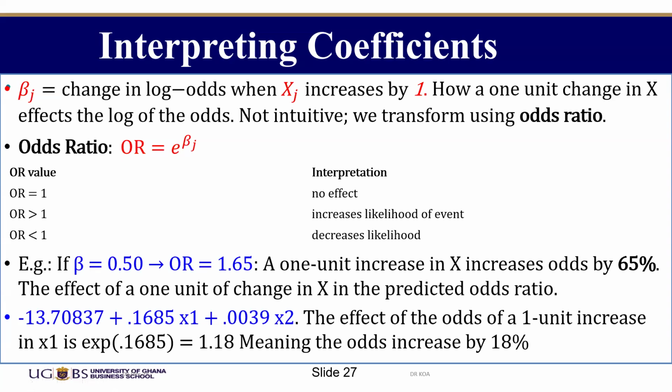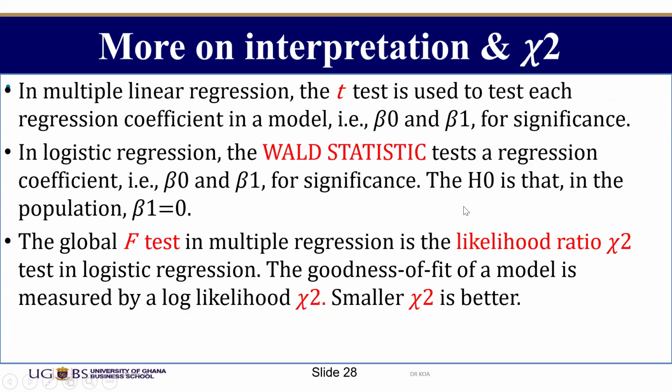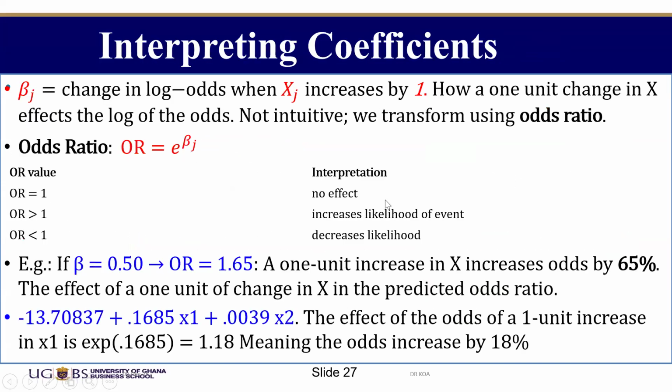on the dependent factor. If it is greater than 1, it means that it increases the likelihood, the probability, of the event. And if it is less than 1, it decreases the likelihood of the event. So that event is disease. It increases the likelihood of being diseased if the odds ratio is bigger than 1.